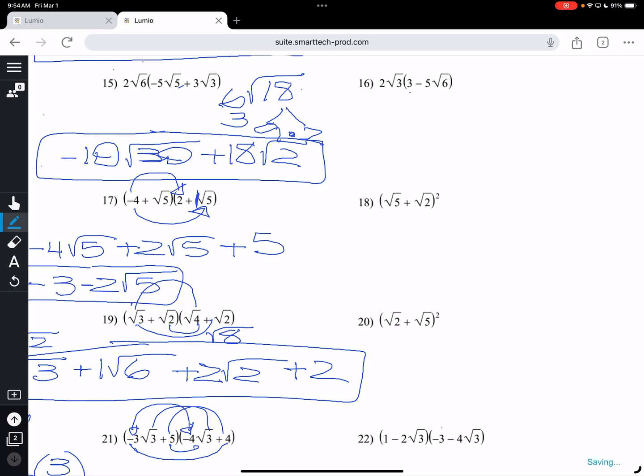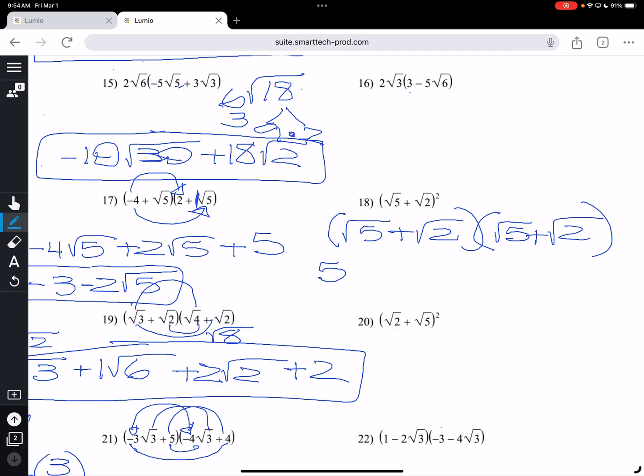So radical 5 plus radical 2, squared, means radical 5 plus radical 2 times radical 5 plus radical 2. And you FOIL. Radical 5 times radical 5 is radical 25, which is 5. The outer is what? 1 radical 10.